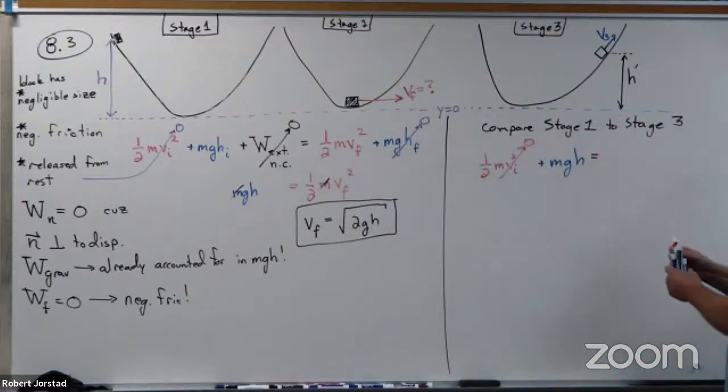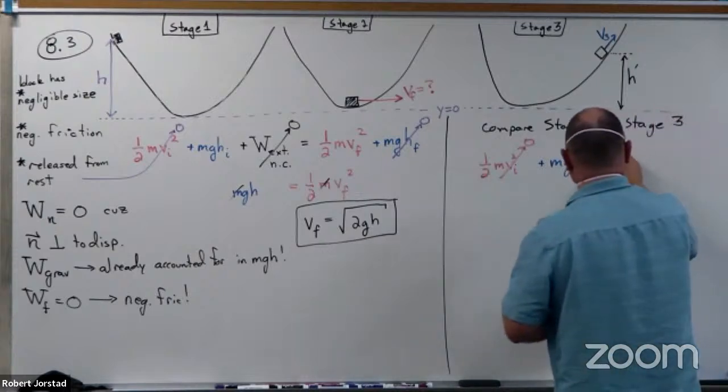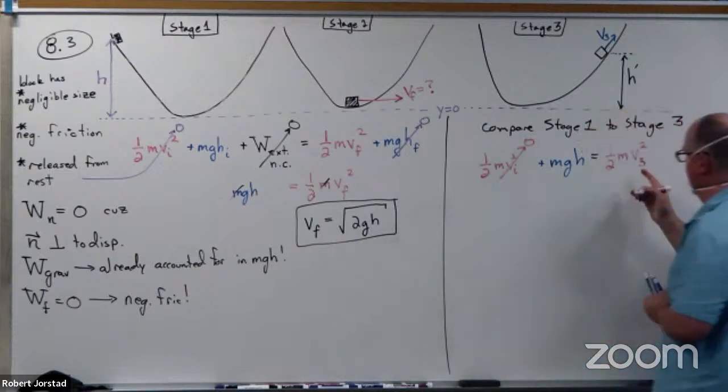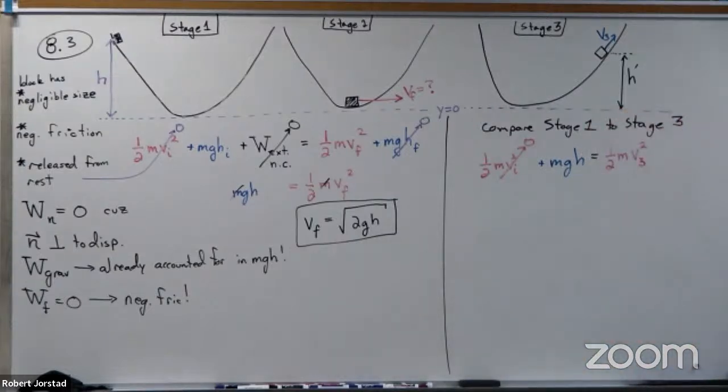The kinetic energy is now V3 squared. We'll come back to what that is in a second. The height, I think I called it height prime, or you could call it height 3 if you want, whatever. Sorry, I'm using kind of mixed symbols here.